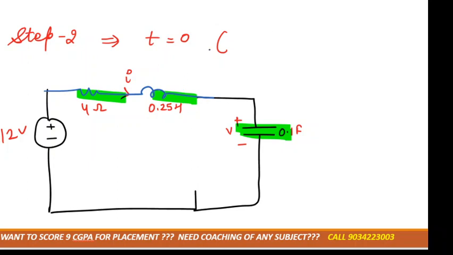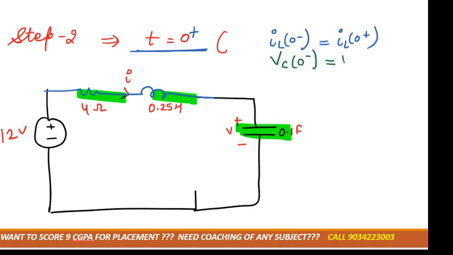So as you know, IL of 0 minus is equal to IL of 0 plus, right? So we can say that we are calculating at t equal to 0 plus. And you know this thing also, the voltage across the capacitor will also not change, right? Inductor current will not change and capacitor voltage will not change. IL of 0 minus we already calculated, that is 2 ampere.